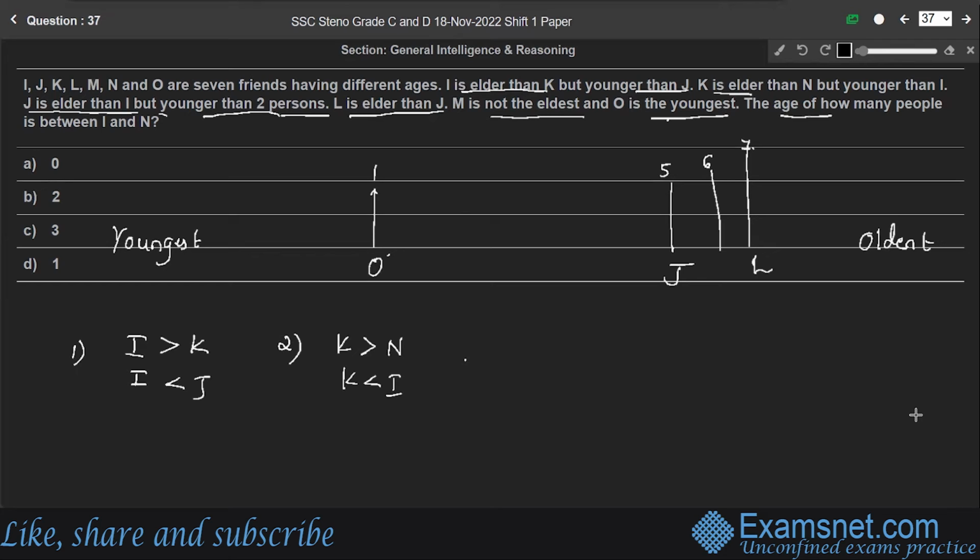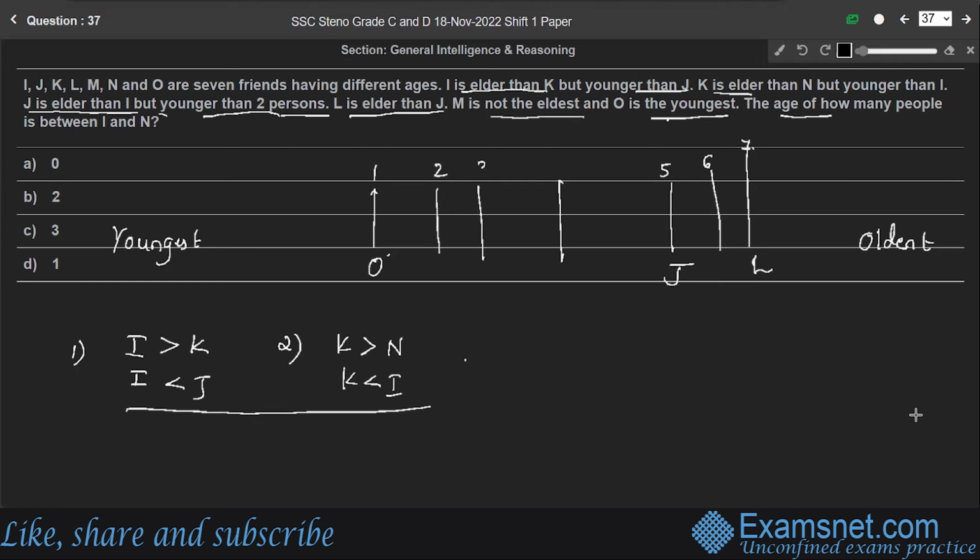It is given that I is elder than K. We'll consider these relationships. So I is less than J. I may be the second, third, or fourth person.